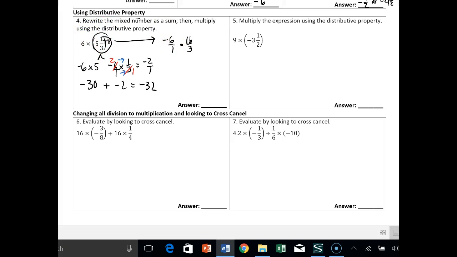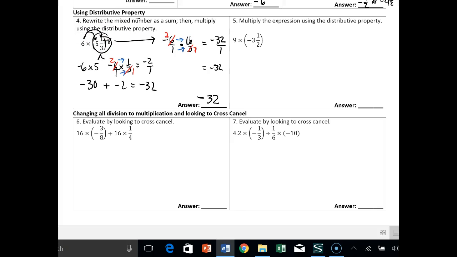Or here, I can do the same thing and cross cancel, divided by 3, so I get 1 there, and I get 2 here, and I multiply straight across, and I get, look at this, negative 32 over 1, which is still negative 32, right? So I can either decide to do the negative 6 times the 5, and then the negative 6 times the 1/3, or change that to an improper fraction and take it from there.